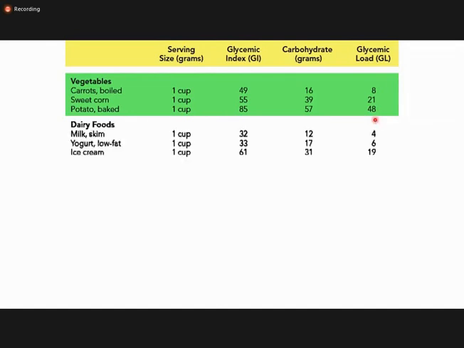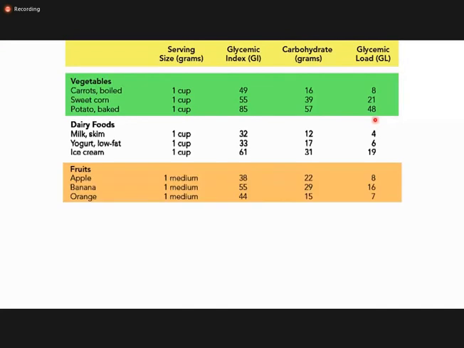Then we have dairy food items. Then we have fruits, as you can see here. If we compare apple with banana or orange, the glycemic index is 38. The glycemic load of apple is 8, whereas banana, the glycemic index is 55, and the glycemic load is 16.